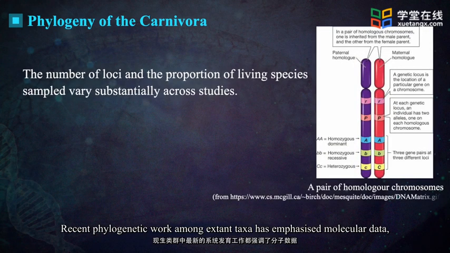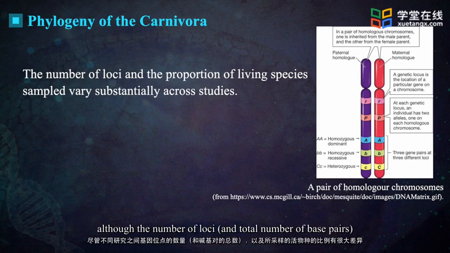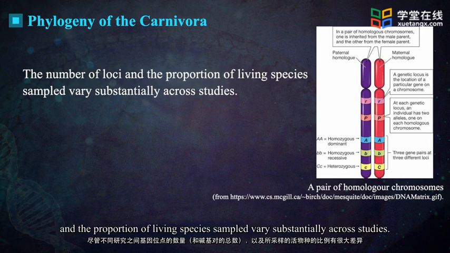Recent phylogenetic work among extant taxa has emphasized molecular data, although the number of loci and total number of base pairs and the proportion of living species sampled vary substantially across studies.